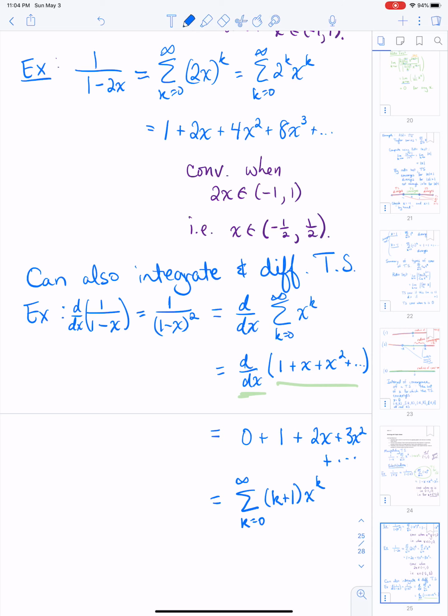And in this case, the interval of convergence is from -1 to 1 as well.